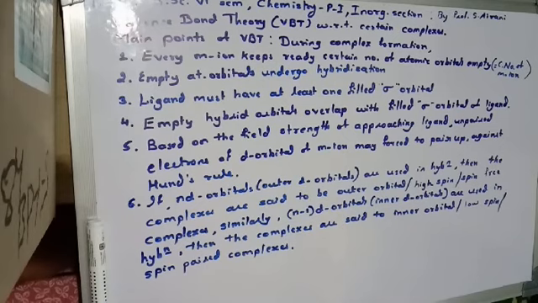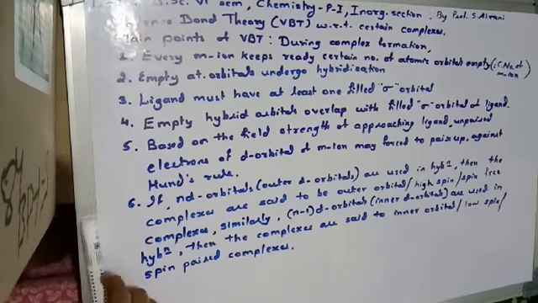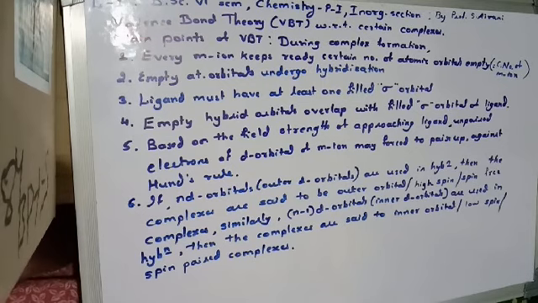Valence bond theory was proposed by Linus Pauling, and according to him, during coordinate bond formation, if the orbitals involved in overlapping are hybrid orbitals, then the resulting bonds are quite strong. That means instead of atomic orbitals, if hybrid orbitals are involved in bond formation, the resulting bonds are quite strong.